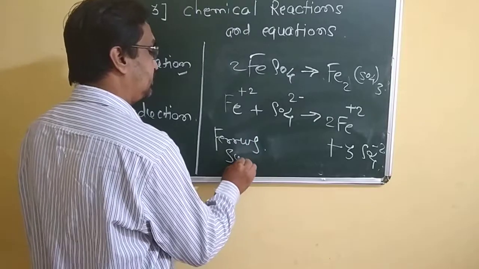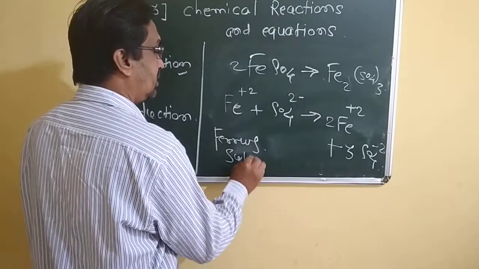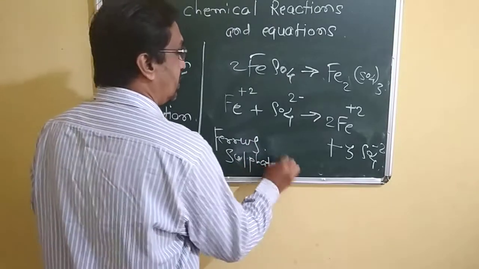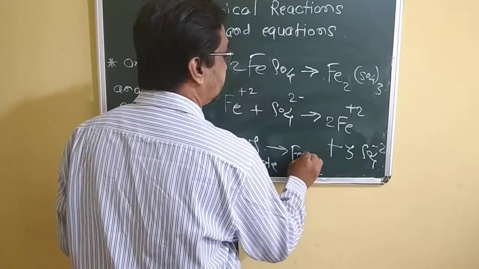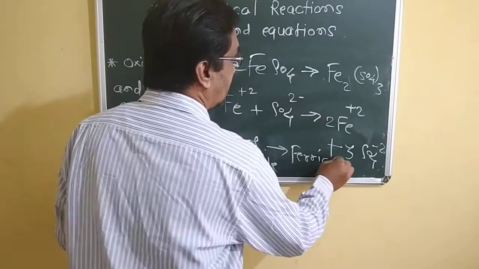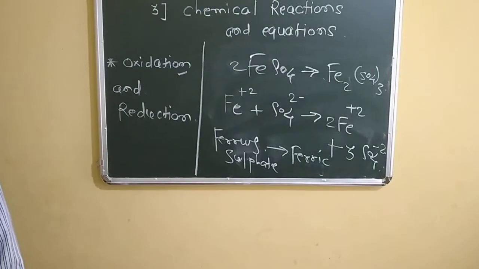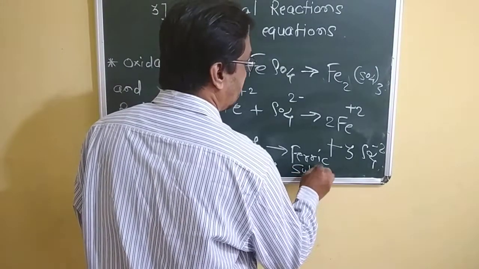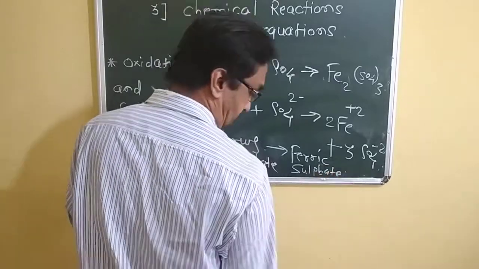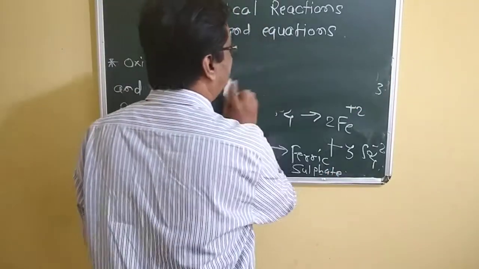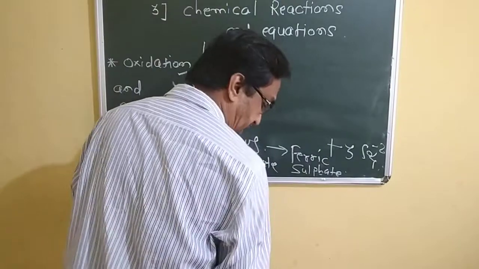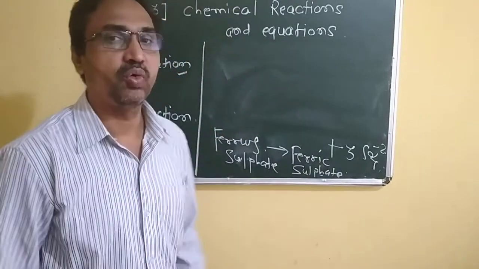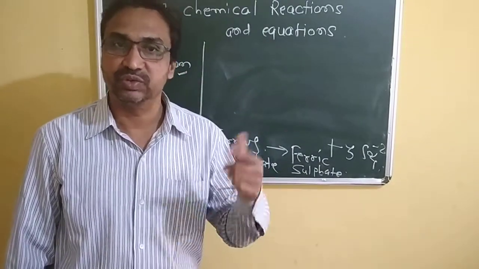Ferrous sulfate to ferric sulfate, that is the transformation FeSO4 to Fe2(SO4)3.